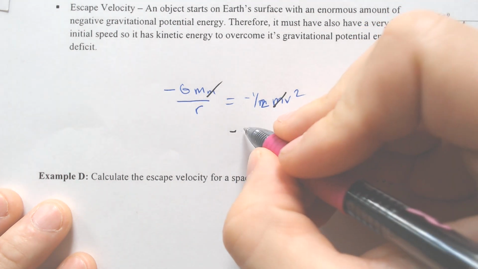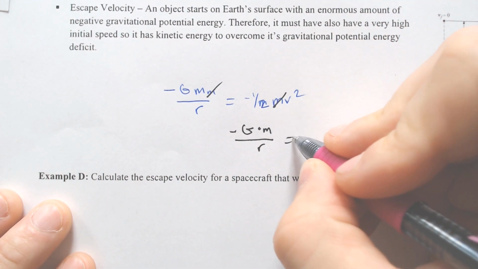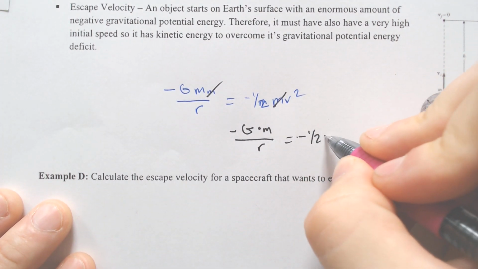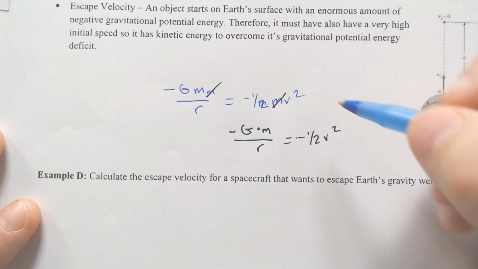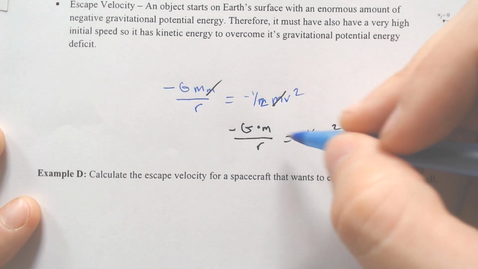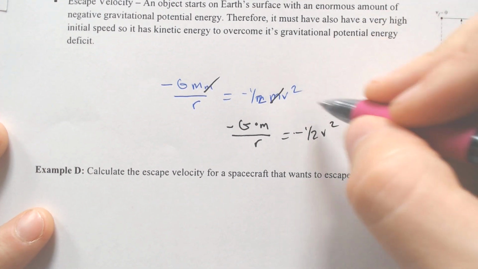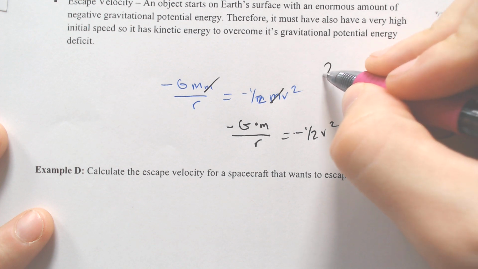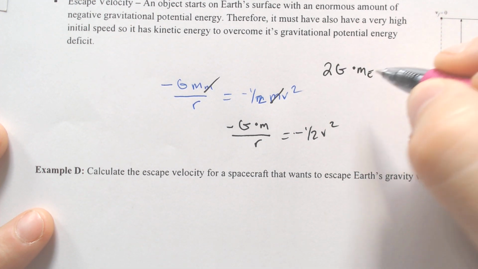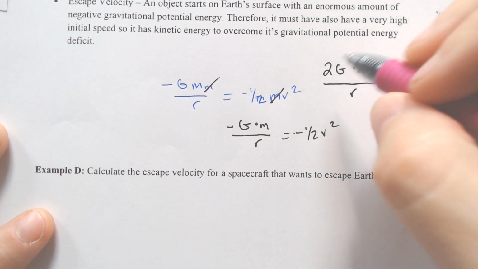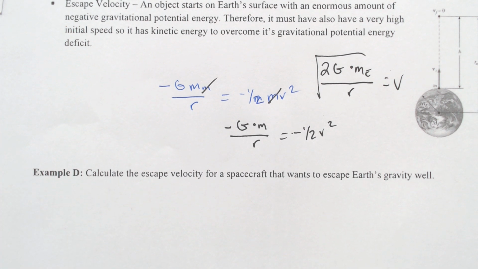We would have a negative gravitational constant times the mass of Earth divided by the radius equal to negative 1/2 v squared. They're negative because they're pulling downward. Then we would divide by negative 1/2, which means multiplying by 2, and take the square root. All that math ends up being 2 times the gravitational constant times the mass of Earth, divided by the radius, square root, which equals the escape velocity.